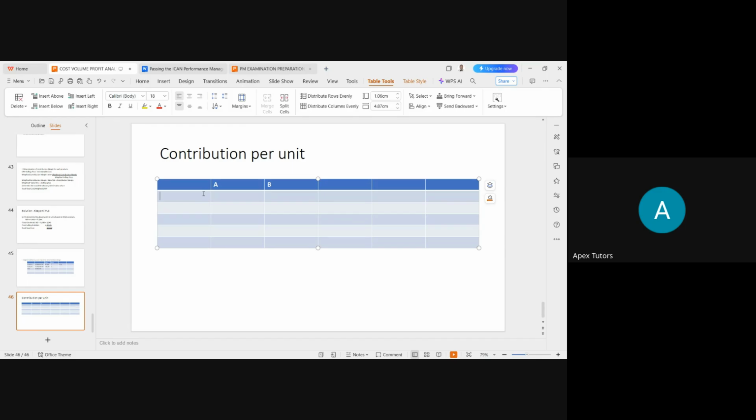Selling price less what? Variable cost. Now going to the question, do you have the selling price now? It is selling price per unit less variable cost per unit.